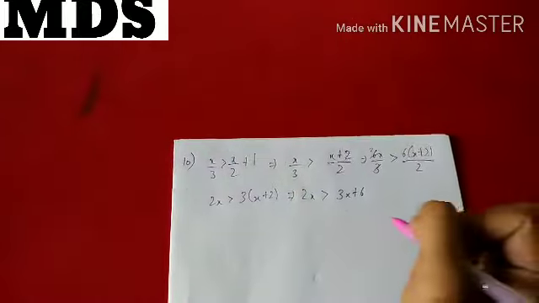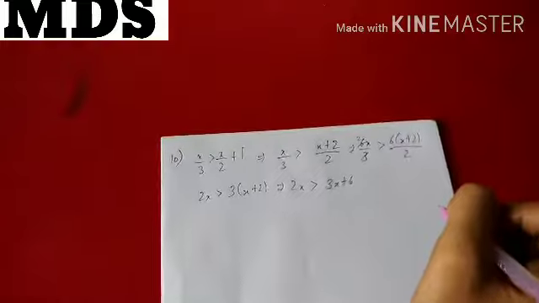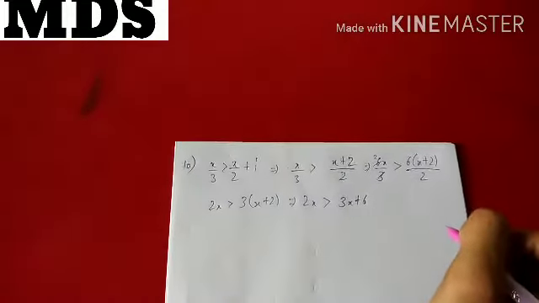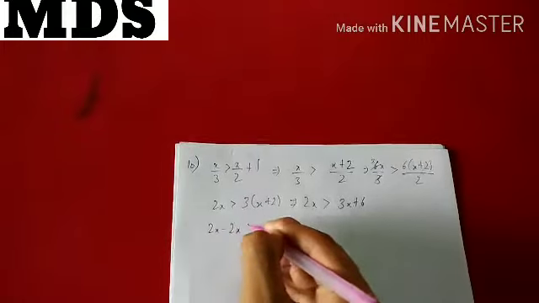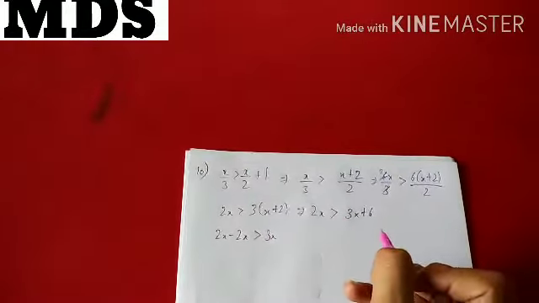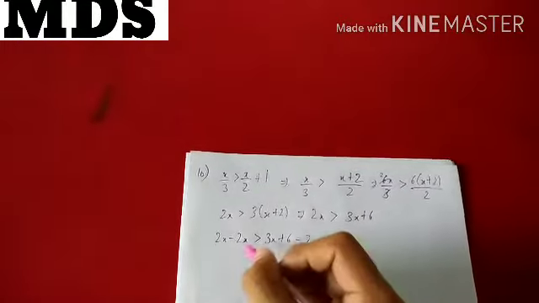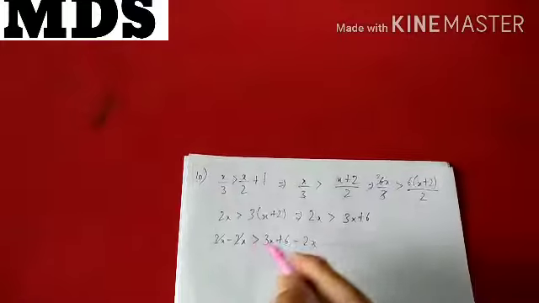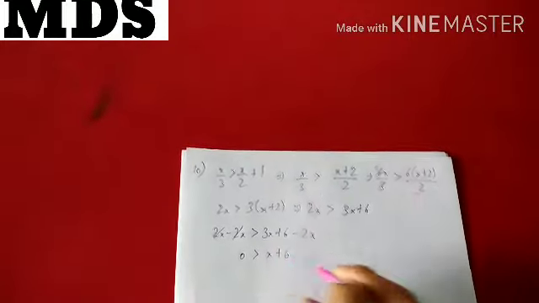Now we can subtract 2x from both sides. So 2x minus 2x will be greater than 3x plus 6 minus 2x. So what we will get? We will get 0 greater than x plus 6.